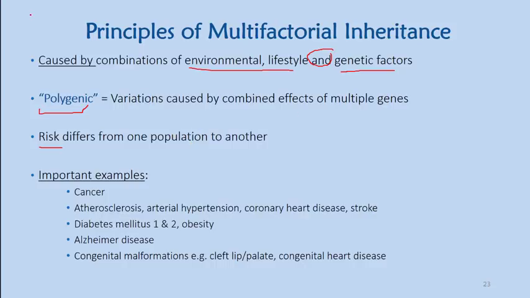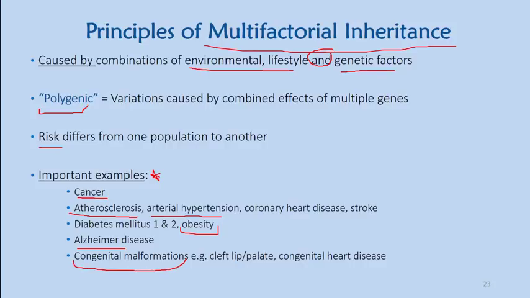And then some important examples listed here of multifactorial inheritance include cancer, heart disease and cardiovascular disease as listed up on the screen, diabetes as well as obesity, Alzheimer's disease, and then congenital malformations as well, such as cleft lip and cleft palate, and congenital heart disease. So these multifactorial inheritance patterns are more common.